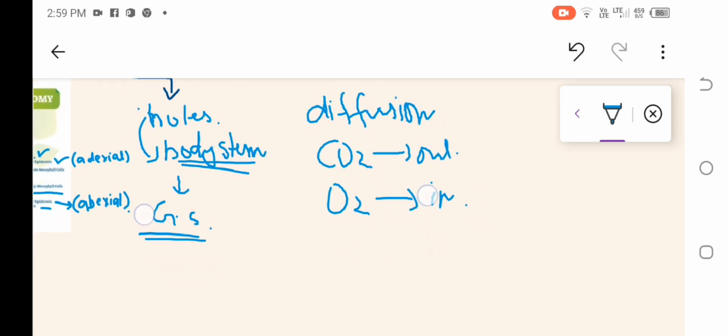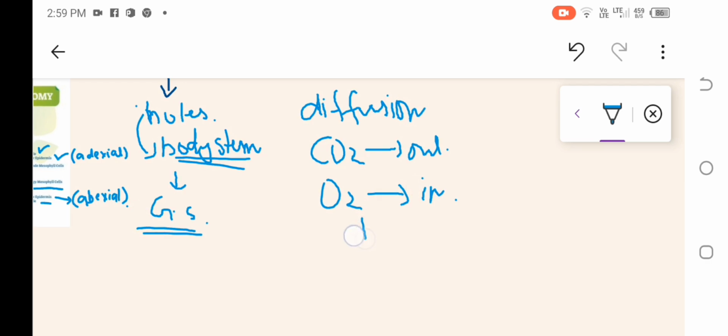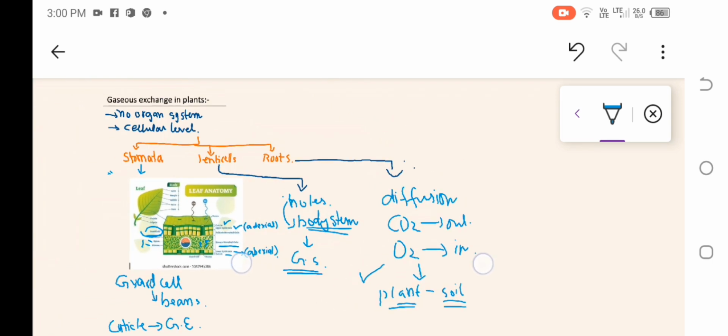In the roots the gases exchange basically takes place from the surrounding soil. So this is diffusion between plant and soil. So this is how the gaseous exchange takes place by the roots too.